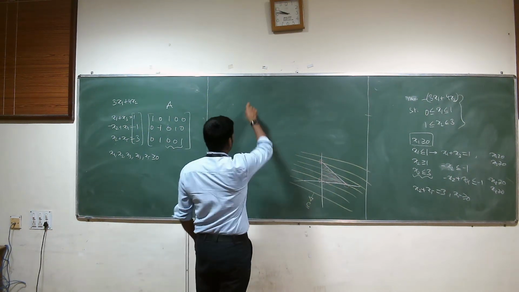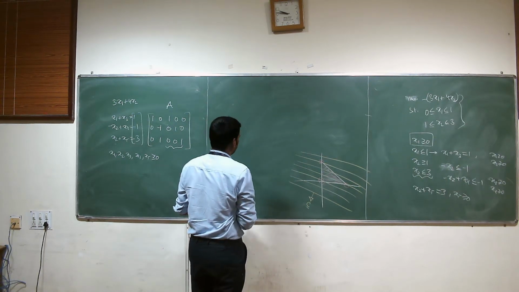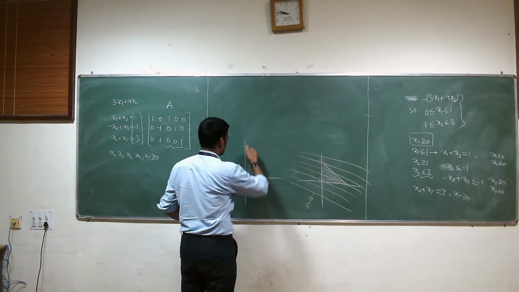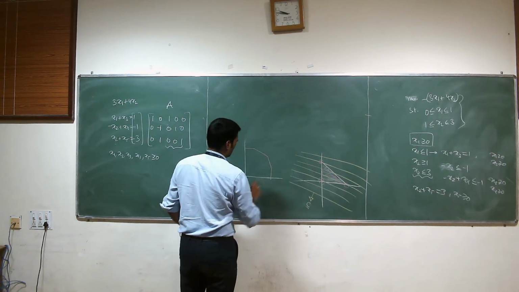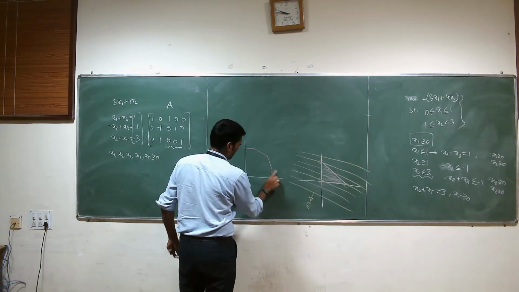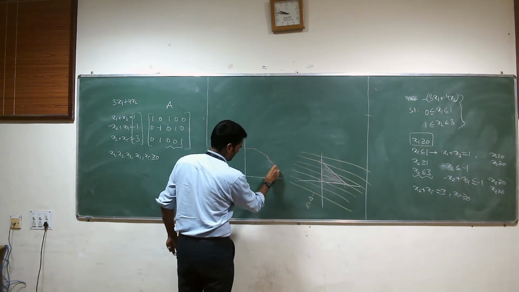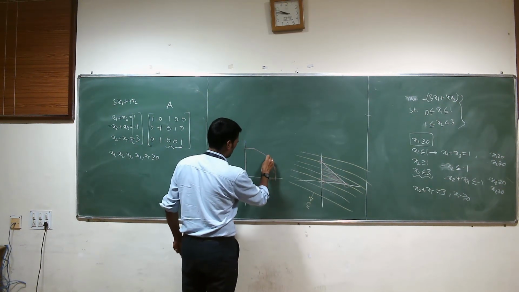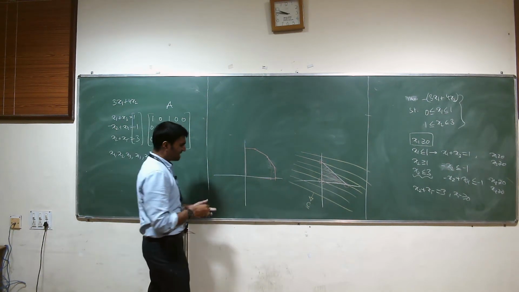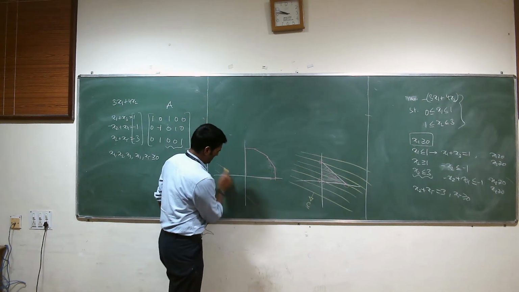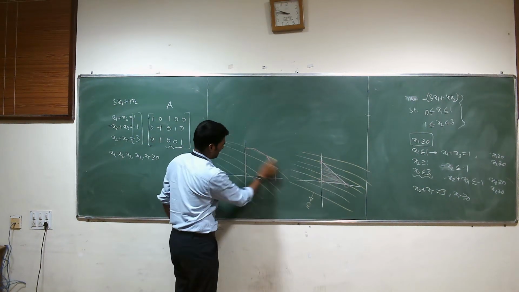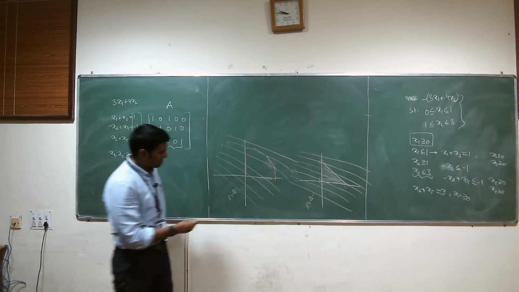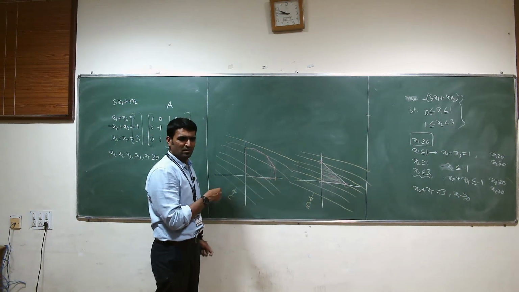Now, if instead of this we had a more complicated geometry, let's say I had something more complicated like this. This is again the direction of C. Where is the solution or the minimum?